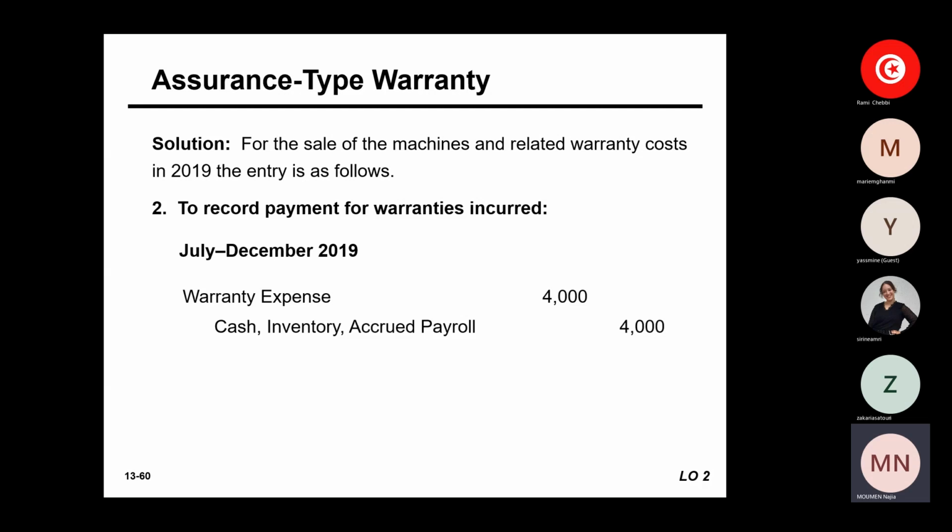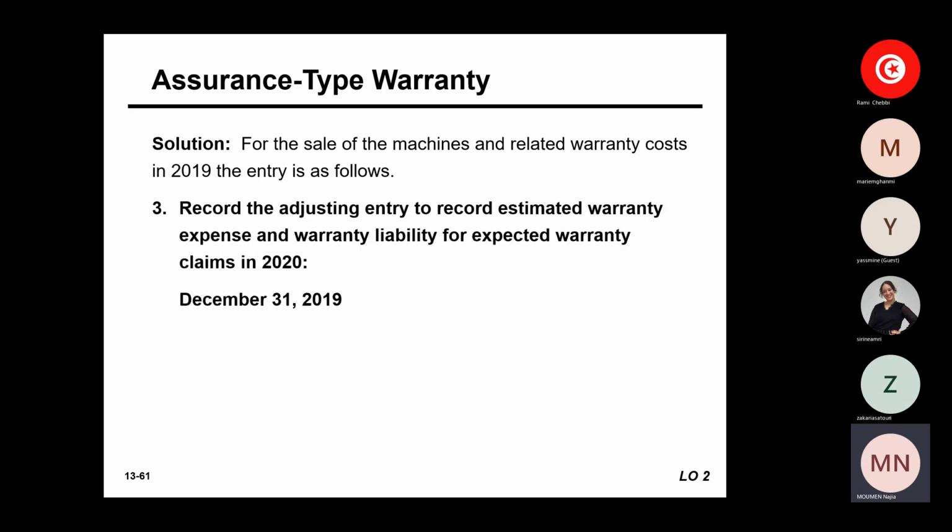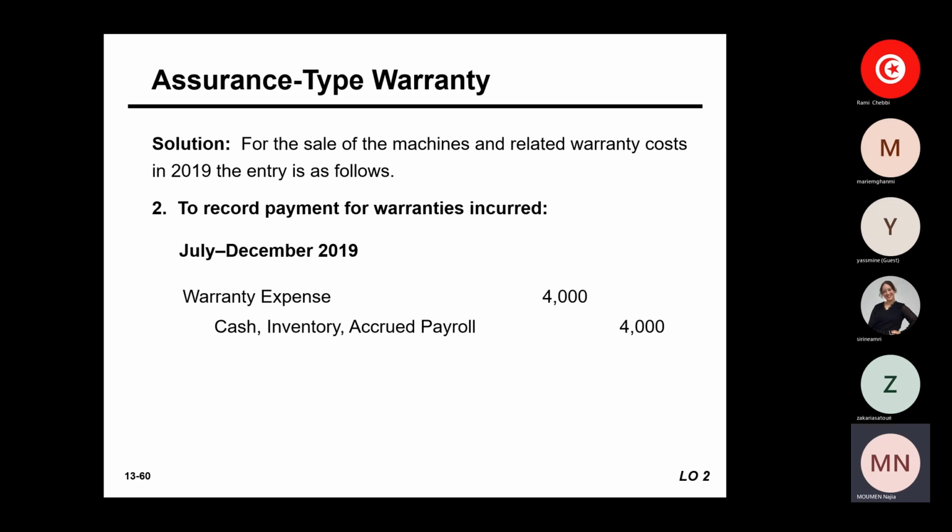Of course, you have already paid for that as cash, for example, refunding, or replacing or purchasing, let's say, a product, partial product, or items. So the thing is that here you already incurred 4,000 during 2019, and that's 4,000 that you already expensed.